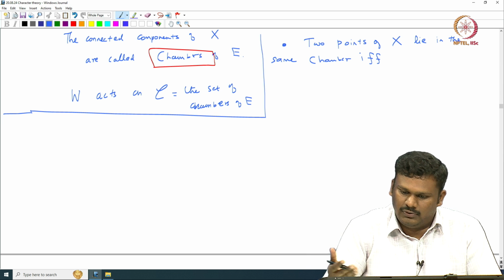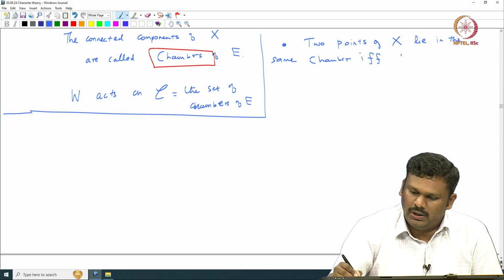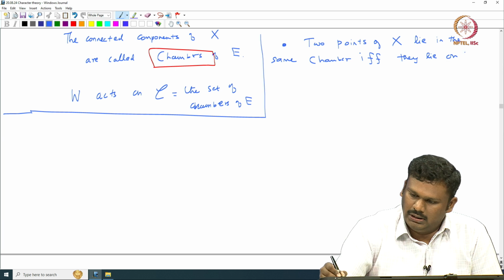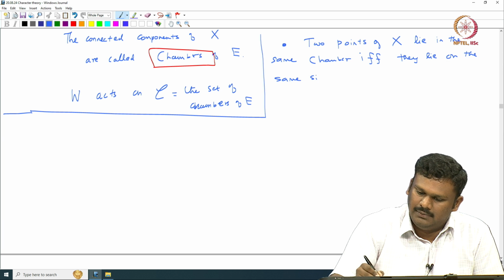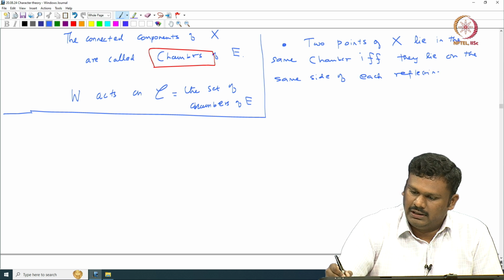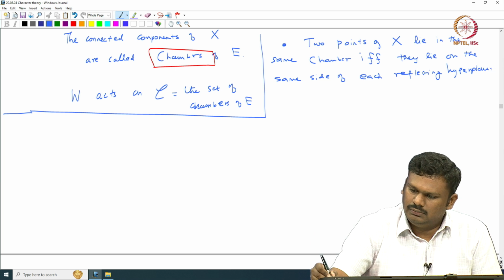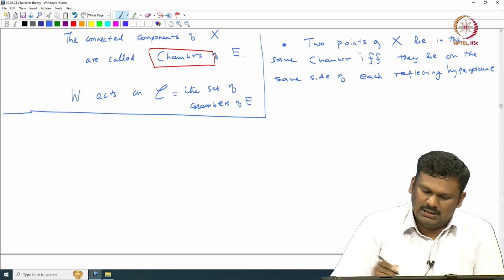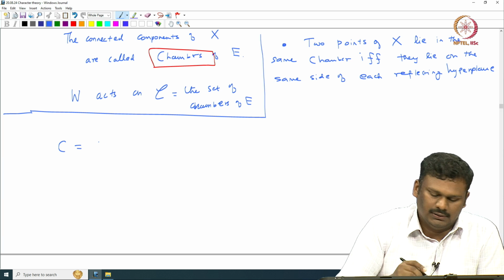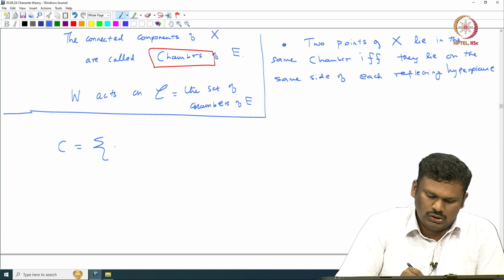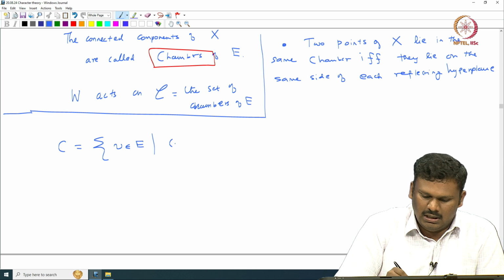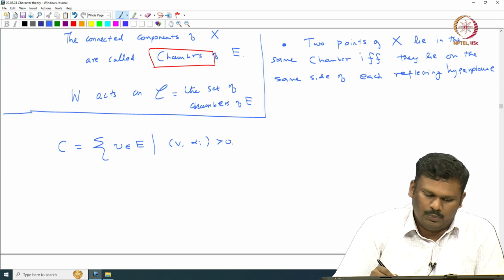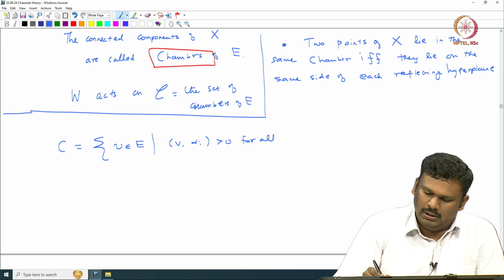So it is very clear from the geometry that these points lie on the same side of each reflecting hyperplane. This is a very simple observation. Now using this we can see that the following set is indeed a chamber. These are those vectors in E such that when you take the inner product with alpha i, it must be positive for all i from 1 to n.